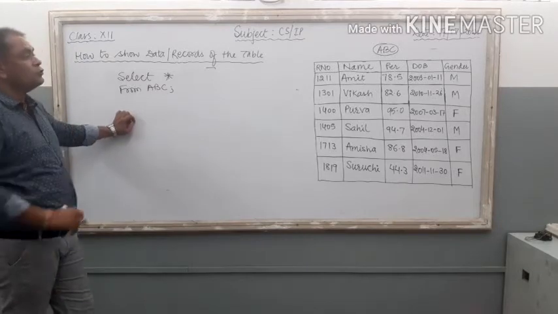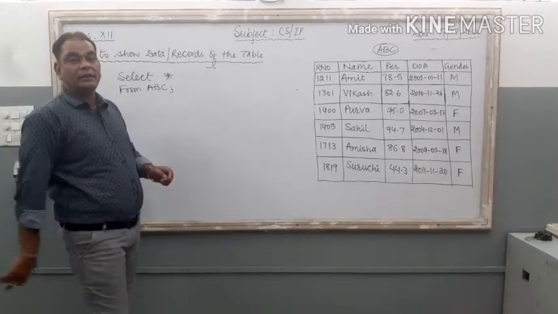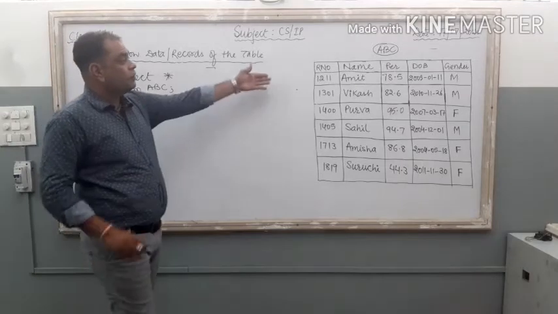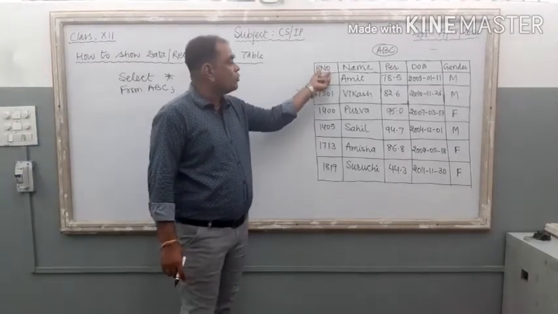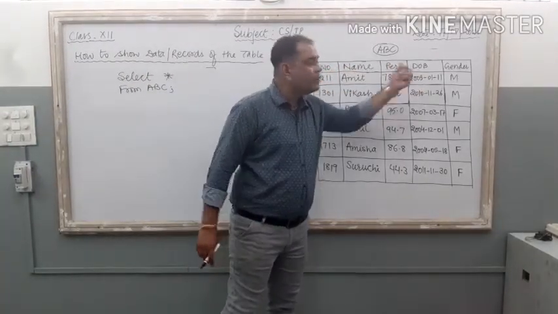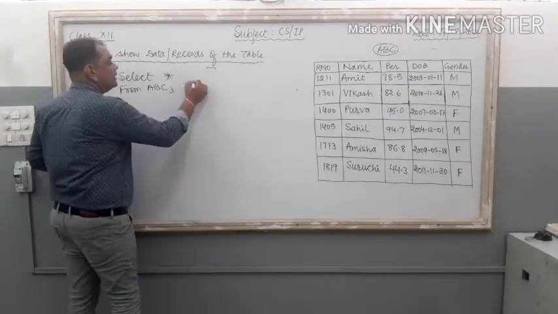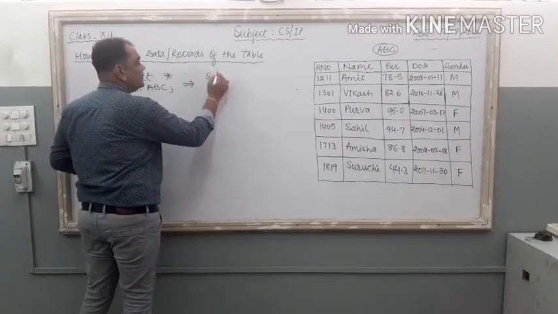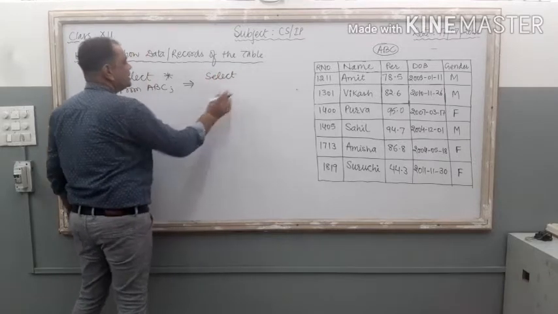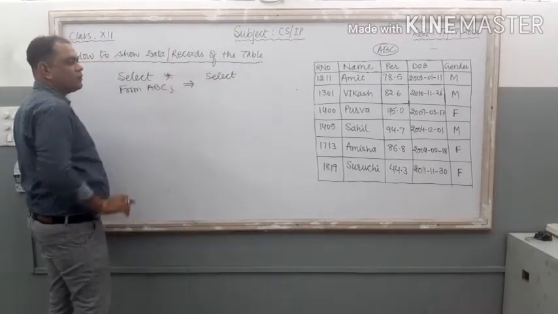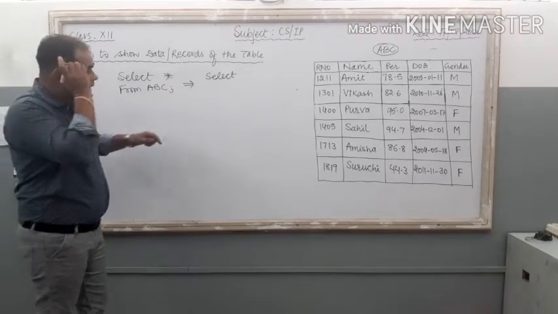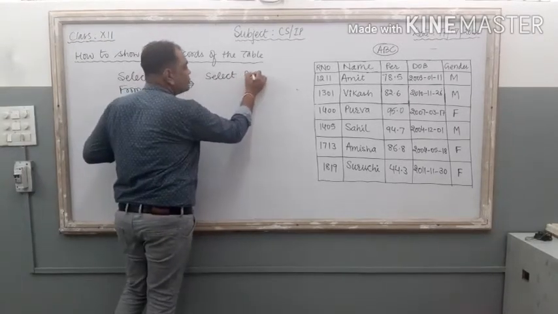If I want to show some selected columns only, selected columns means if from this ABC table I want to show roll number, name and date of birth, these three columns only. Now my rectified command will be, instead of star, I remove the star symbol from here. I just put the column names whose data I want to show on the monitor.